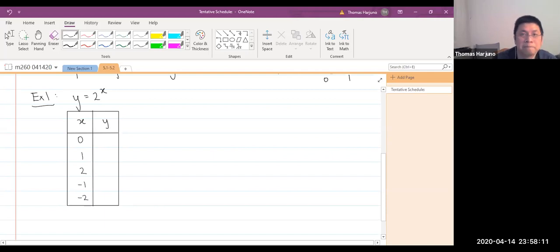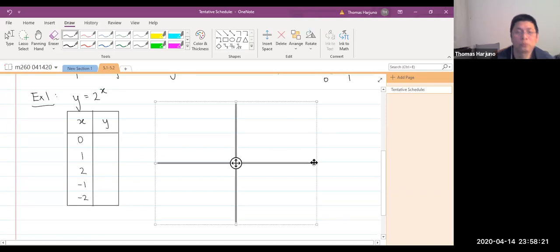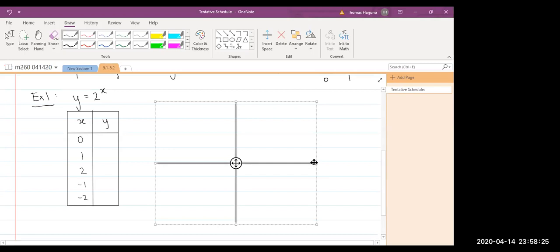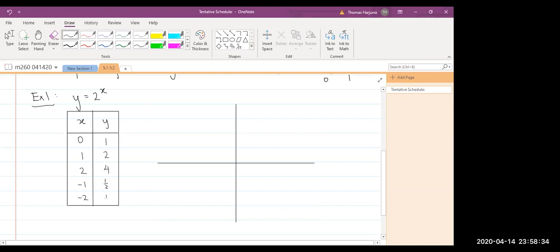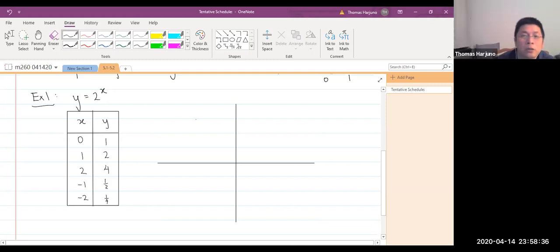Find the y's. 1, 2, 4, 1/2, 1/4, right? Okay, so yes, that's right.